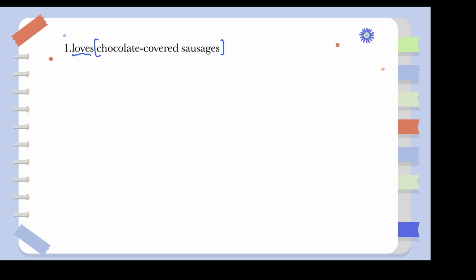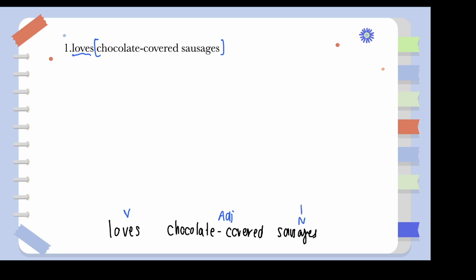We don't have any adjuncts here. Okay, so we analyze the part of speech. Loves is a verb, chocolate covered is a compound word, so it is an adjective, just one adjective, and sausages is a noun.